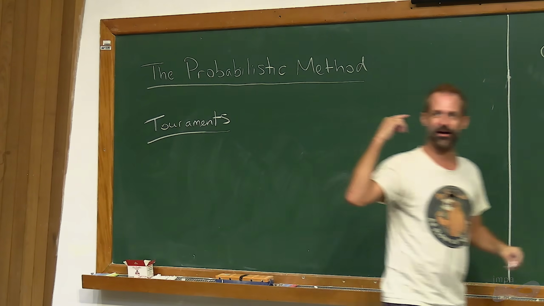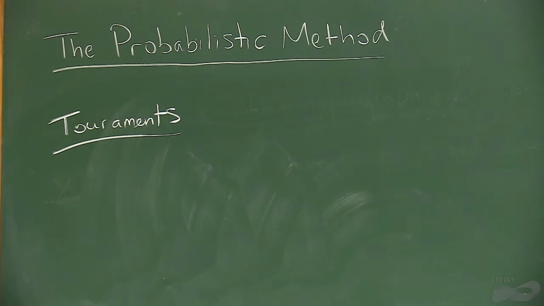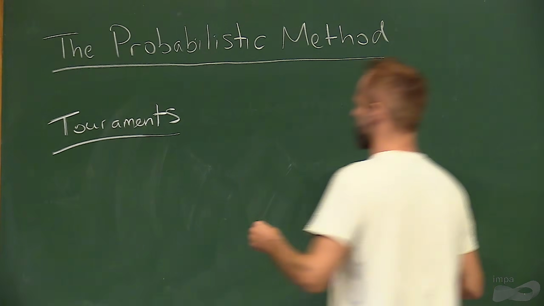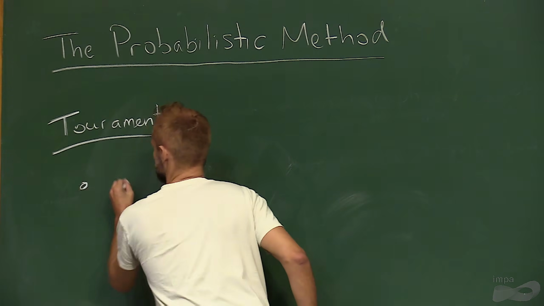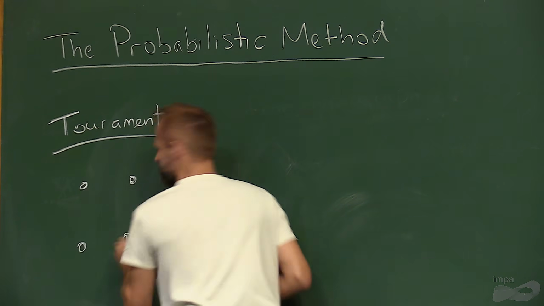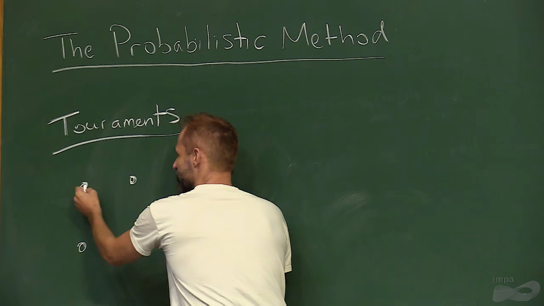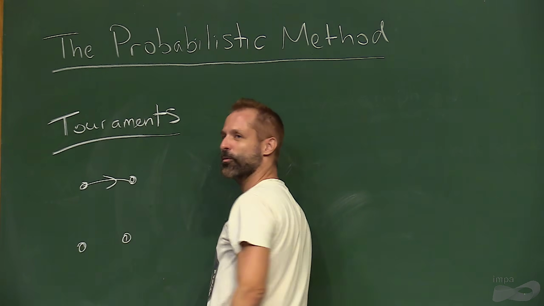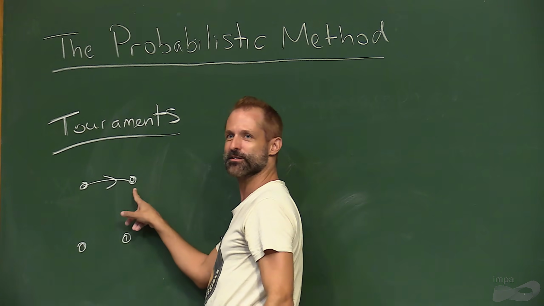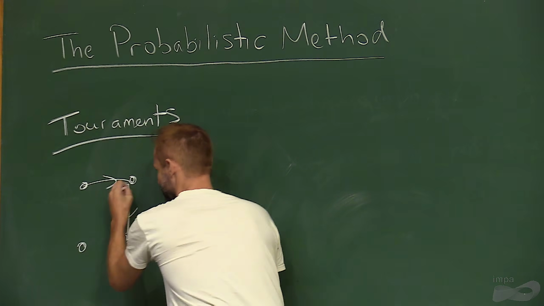Another thing that Alex talked about in his course was tournaments. Just in case people don't know what a tournament is, it's a set of vertices, and between each two, like football teams or whatever, you draw an arrow between the one that wins and the one that loses. So everyone plays everyone.